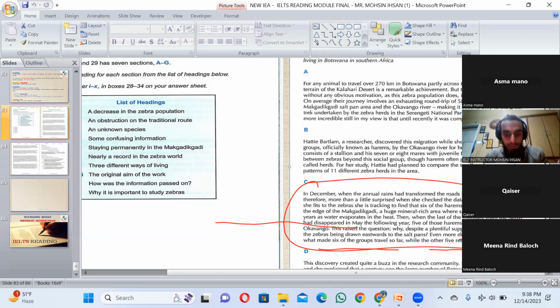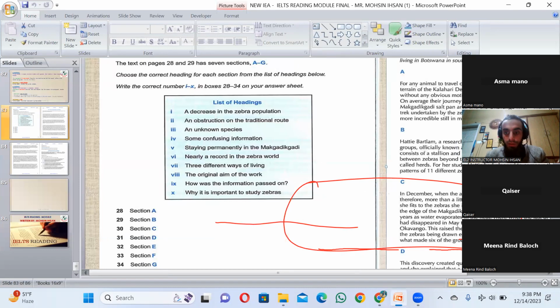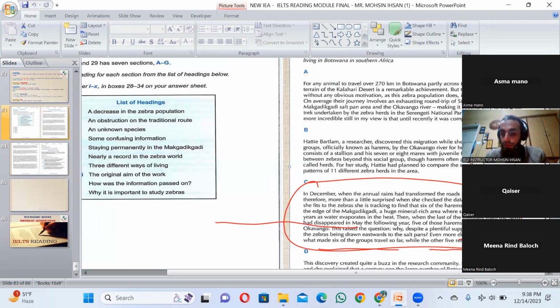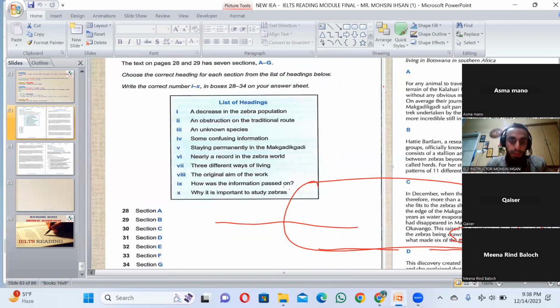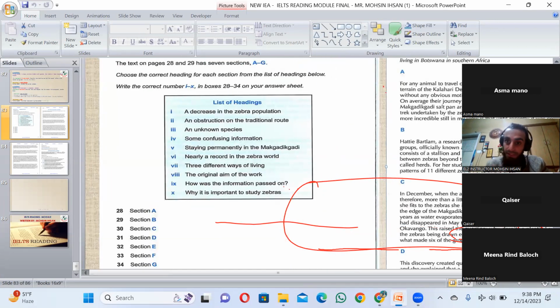Anyhow, this paragraph has confusing, unclear information, because they have clearly taught you that the information is difficult to understand. You can see here, the underlined word, the second last word, difficult to understand. Now compare your heading, difficult to understand.